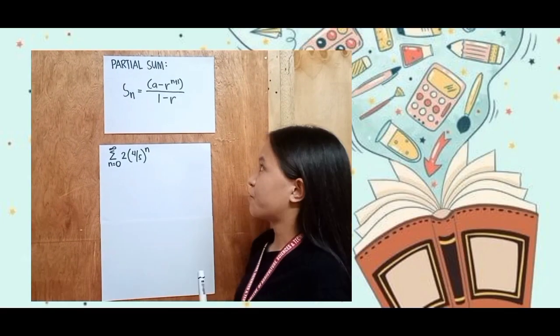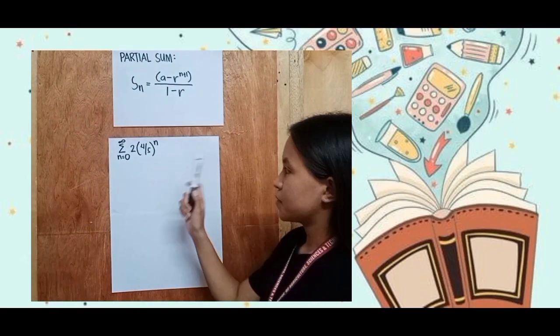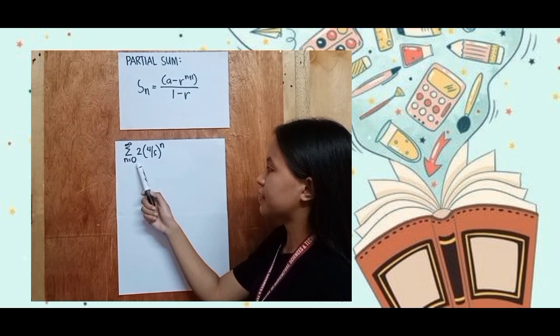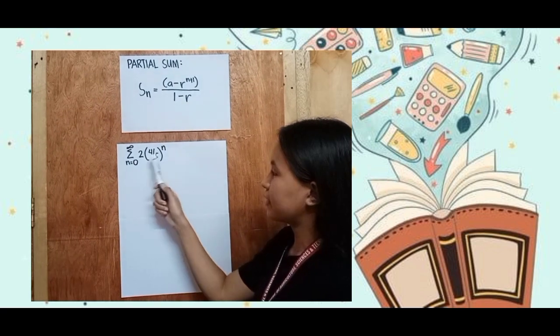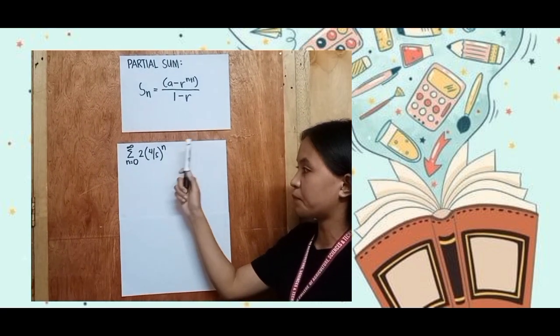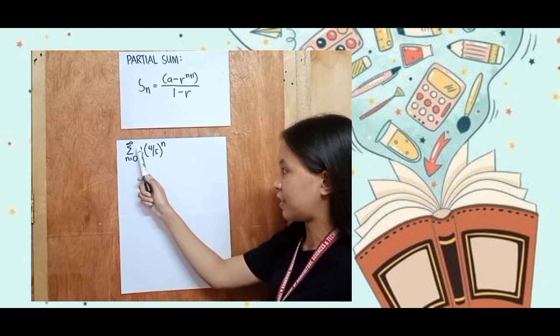So now, let's move on to finding the partial sum. For example, this series: the summation of 2 times the quantity 4 over 5 raised to the power of n as n approaches infinity.